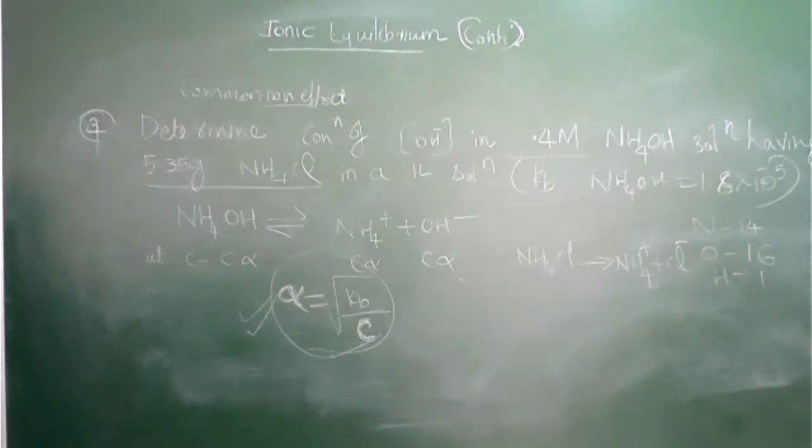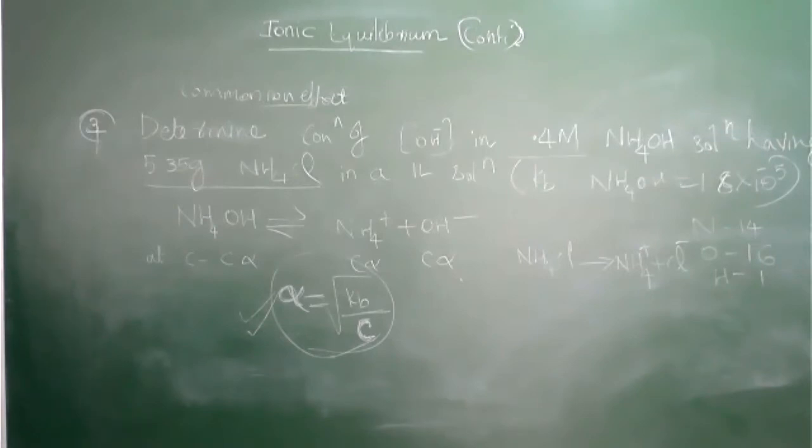Alpha is equal to around, tell me now. How much? Root around, okay. So 1.8 into 10 to the power minus 5 upon 0.4.